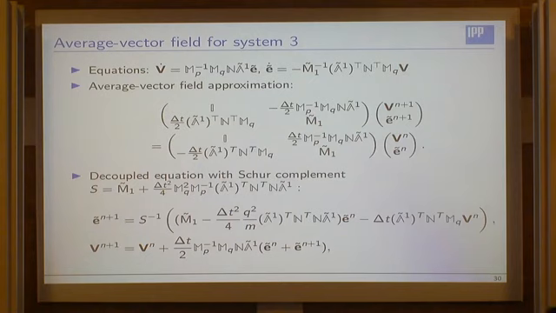The price we have to pay is that we have to compute this Schur complement matrix, and this is a bit more expensive because it involves a tensor product of splines. So you have double the evaluation of splines.